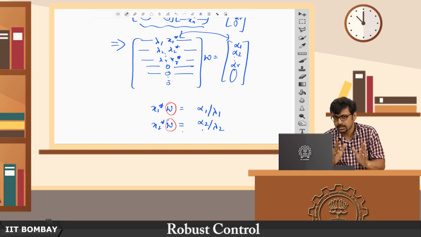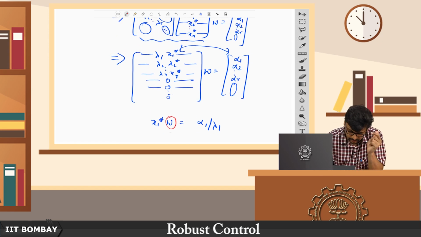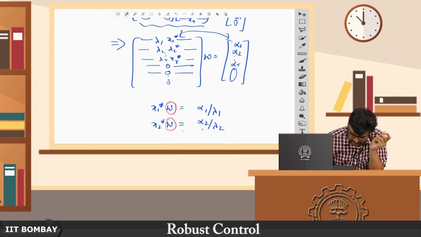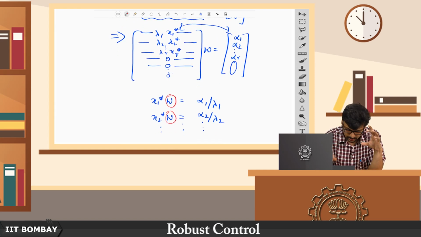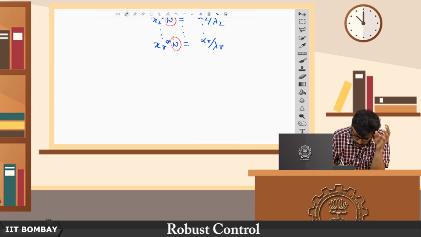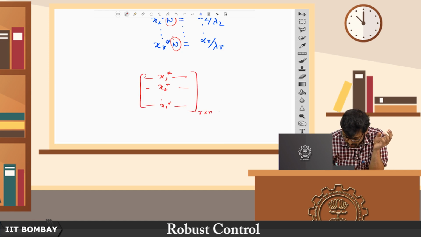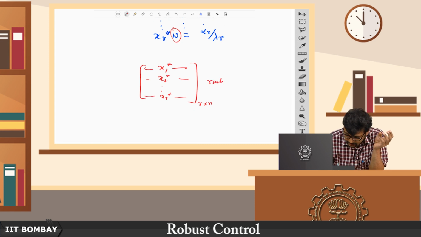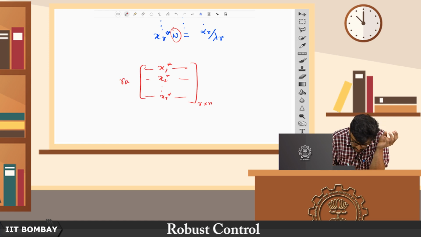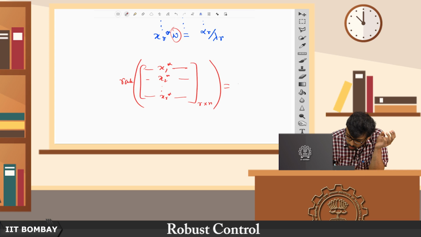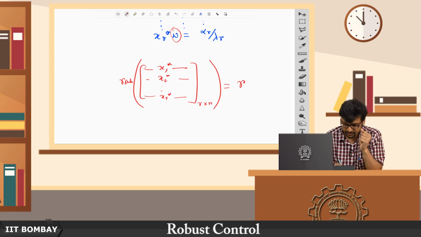Why? The hint, if you want to brush up your linear algebra, is that this is a set of R equations, and if you just look at this matrix x1 star, x2 star, dot dot dot till xr star, this is an R cross n matrix and its rank is equal to R, it is full row rank.